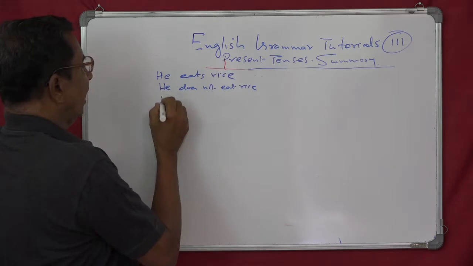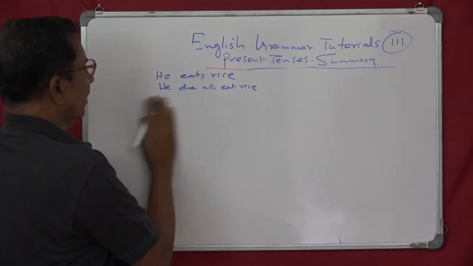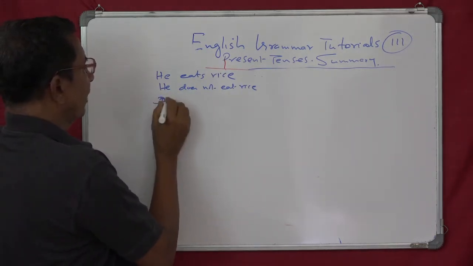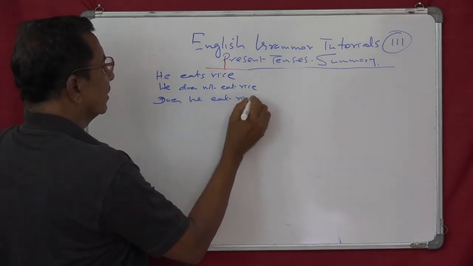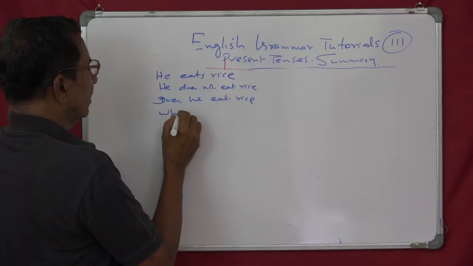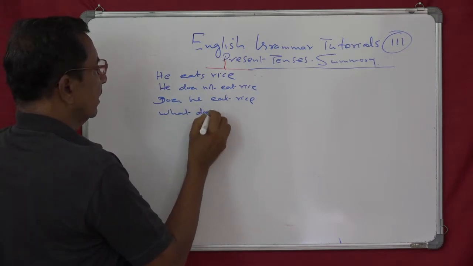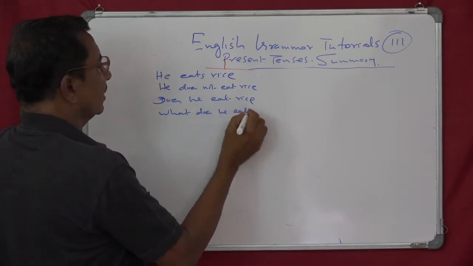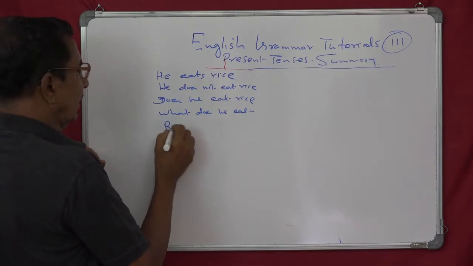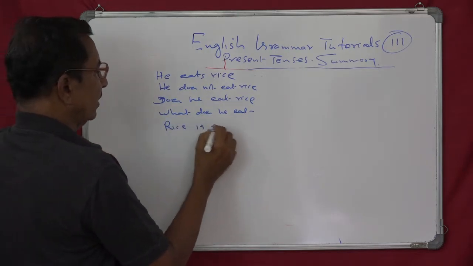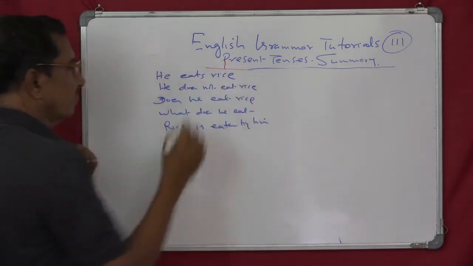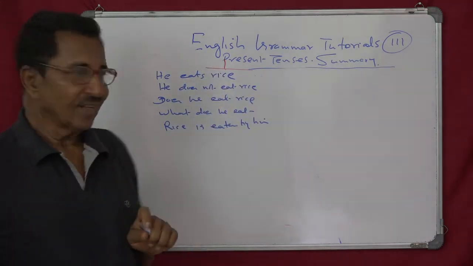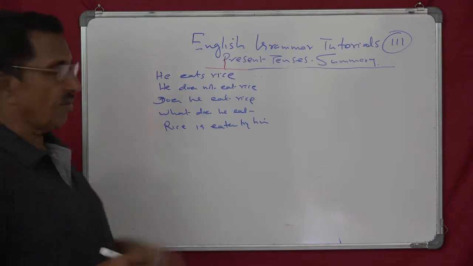Second is does he eat rice? Third is what does he eat? Fourth is rice is eaten by him. See that? So possible 1, 2, 3, 4.